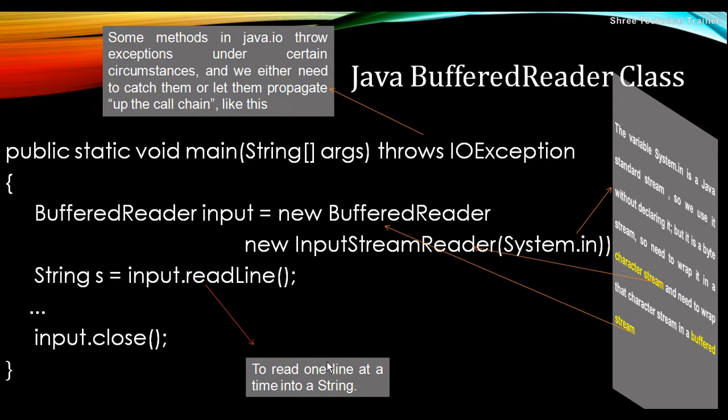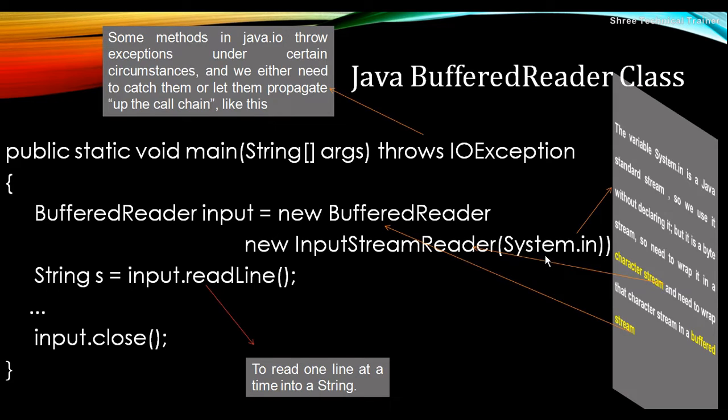Here we are creating a BufferedReader object variable using the new keyword. We have a new BufferedReader, and within it a new InputStreamReader, and within that System.in.